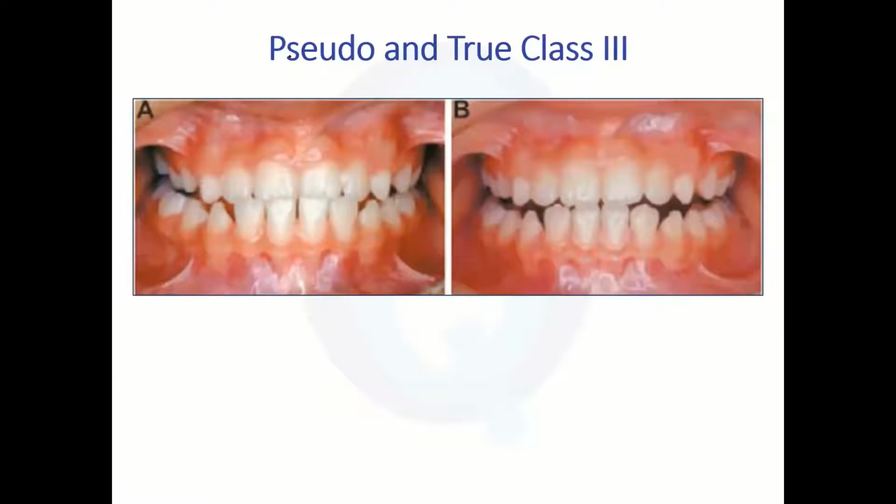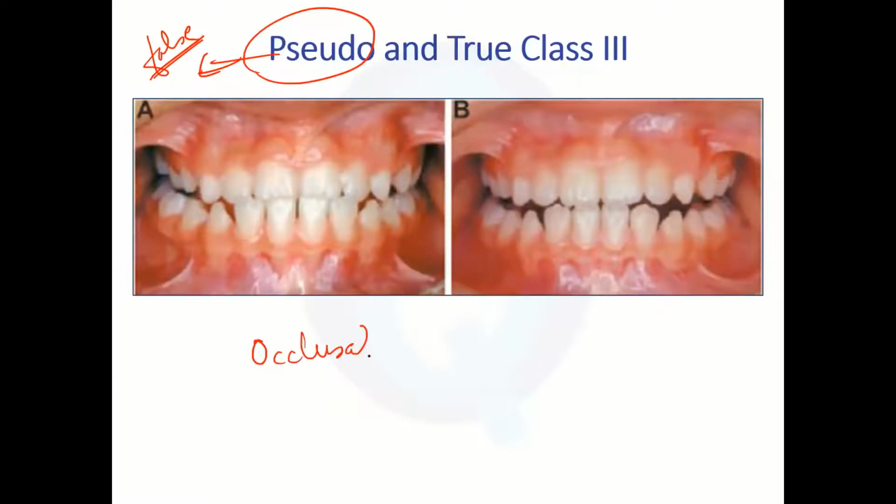Next, we are going to discuss pseudo class 3 and true class 3. What is pseudo? Pseudo means false. A malocclusion falsely presenting as class 3 is pseudo class 3. Say for example, in this patient, you can see it is coming as a class 3 malocclusion. Now, this is not really a class 3, it is a pseudo class 3, and it happens because of occlusal disturbances, occlusal interferences.